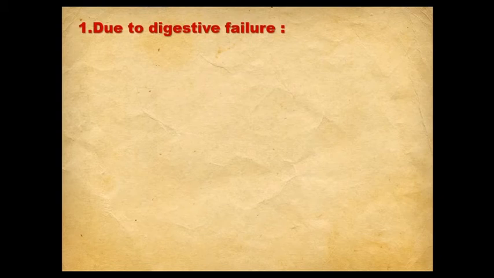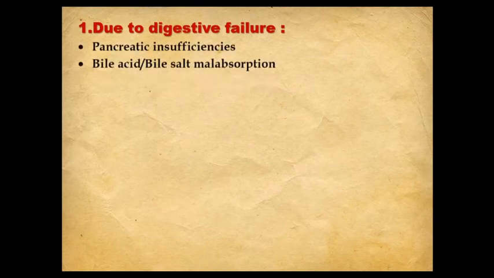As we say, the first process is the digestion. So if there is a digestive failure, for example, pancreatic insufficiencies like in cystic fibrosis and chronic pancreatitis, or bile acid or bile salt malabsorption, like obstructive jaundice or bacterial overgrowth or primary bile acid diarrhea. So here is the digestive failure.